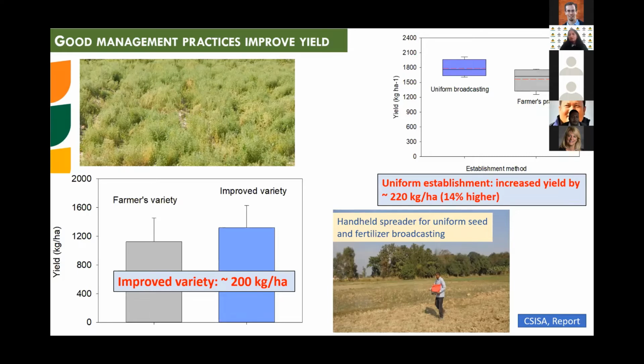So we have studied that uniform plant establishment can increase yield by 220 kg per hectare, on average 14% higher yield compared to what farmers are doing now. And there are different seeding equipments, from small to larger scale, available for uniform seed broadcasting or seeding.